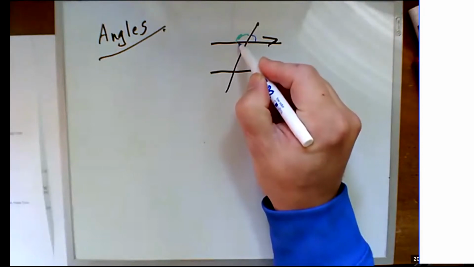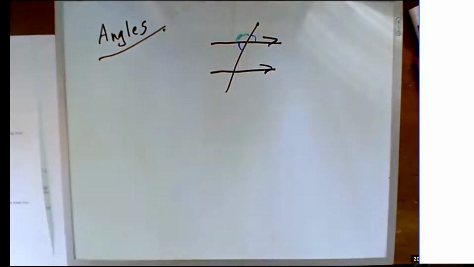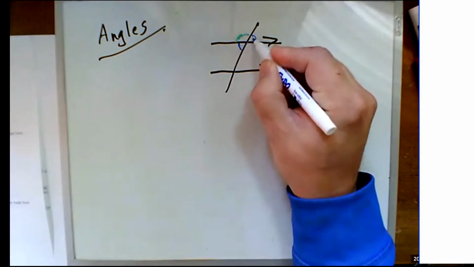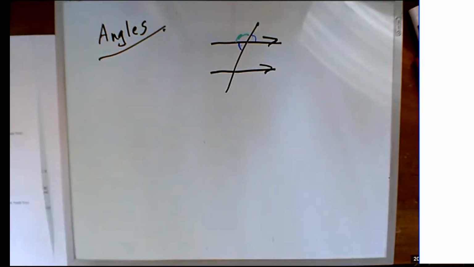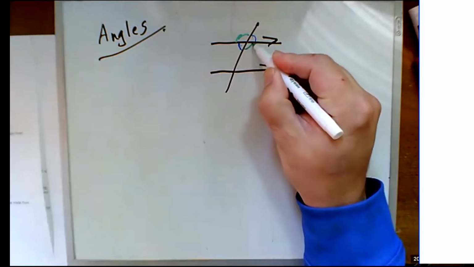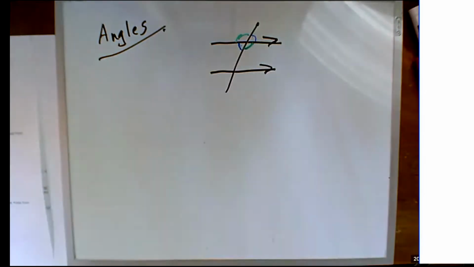Angles that are opposite each other in crossed lines are exactly the same. So this angle in here and this angle in here, both of them marked in blue, are going to be the same size. The greens, obviously, the same thing ends up happening there. And we end up with those being the same size.